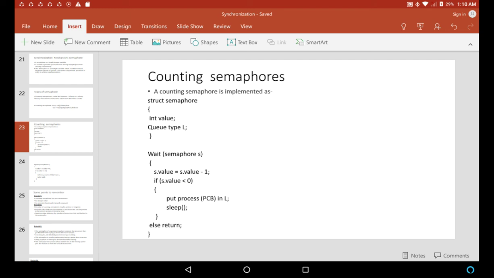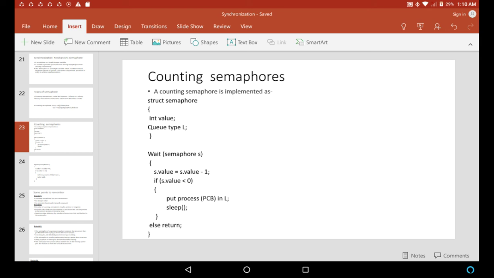So the points to note here are, with the help of S dot value we can find how many processes are there in the suspended list. Look at the scenario we have already discussed. There were three processes in the critical section, P1, P2 and P3.